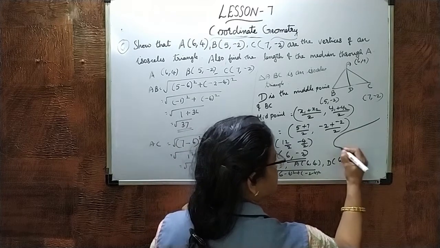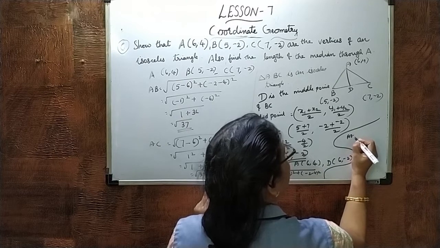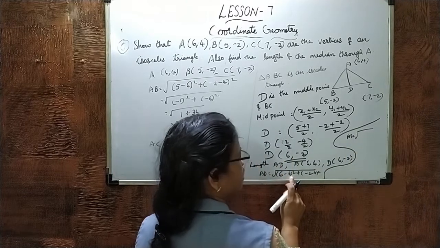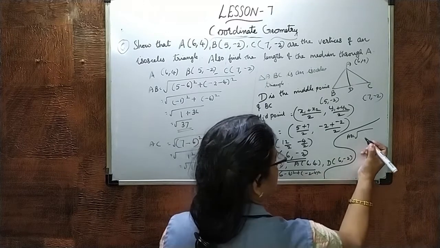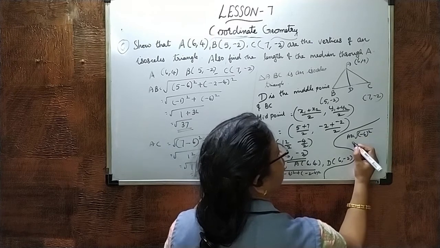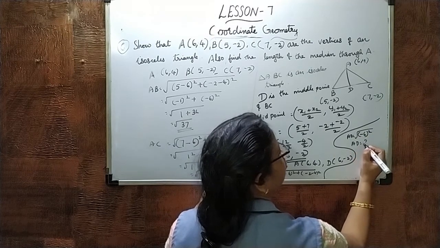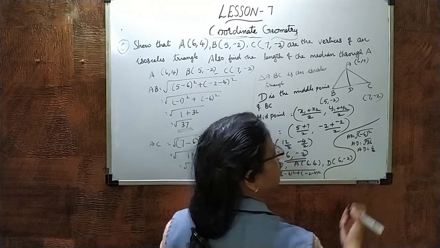That means AD equals root of 6 minus 6, 0, 0 the whole square, 0 itself. Negative 2 minus 4, negative 6 the whole square. So, AD equals root of 36. So, AD is equal to 6.